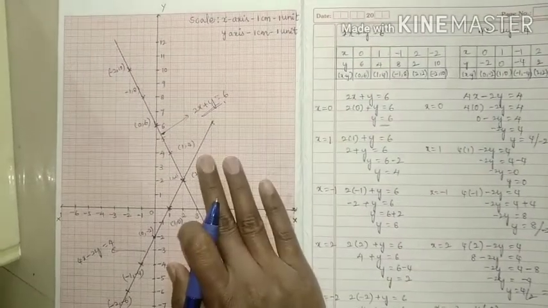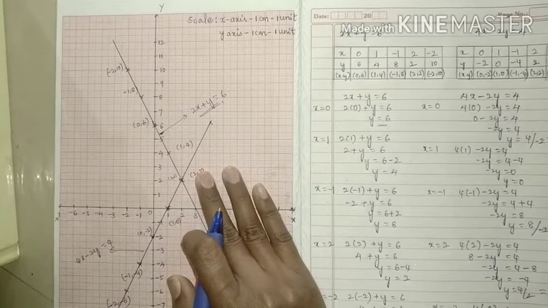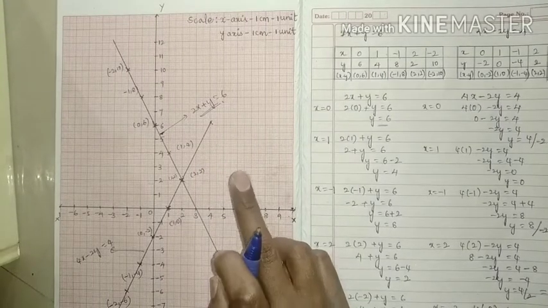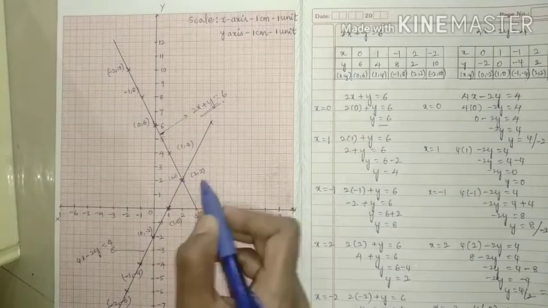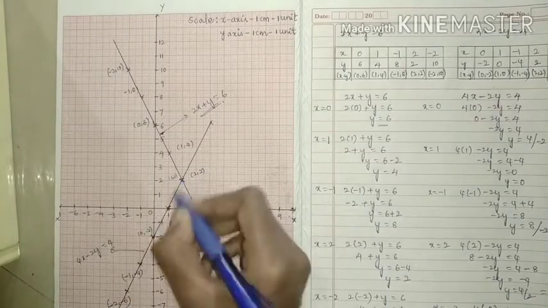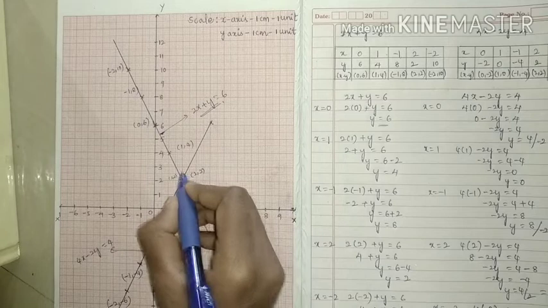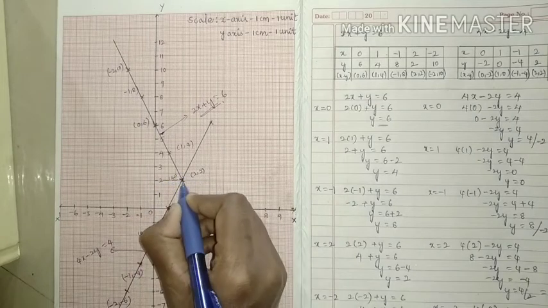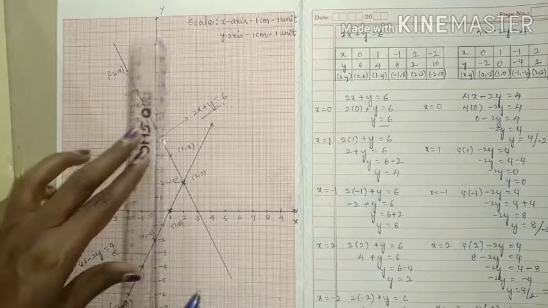So okay friends, once you have drawn both the lines, you have to find out where both the lines intersect. So here both the lines are intersected at this point. So mark this point like this by using a scale.